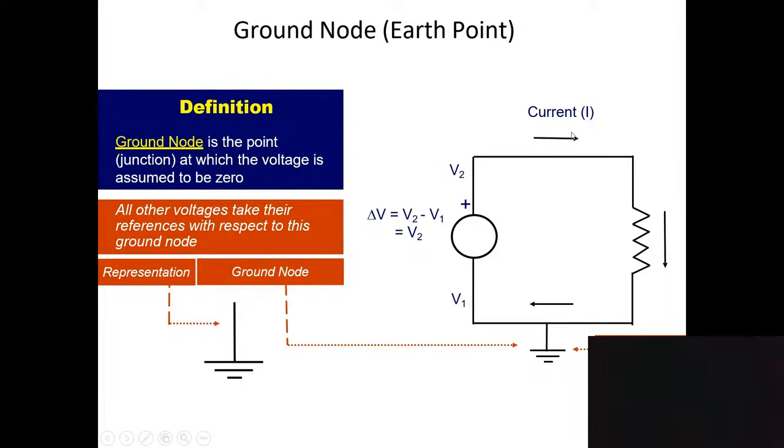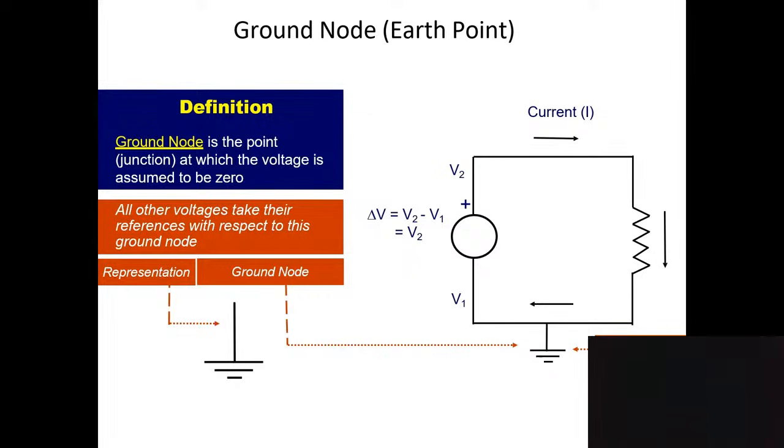Consider the right side diagram. One voltage source and one load are there. The current passes from higher potential to lower potential, as we already said. Consider the positive side as higher potential and the negative side as lower potential.